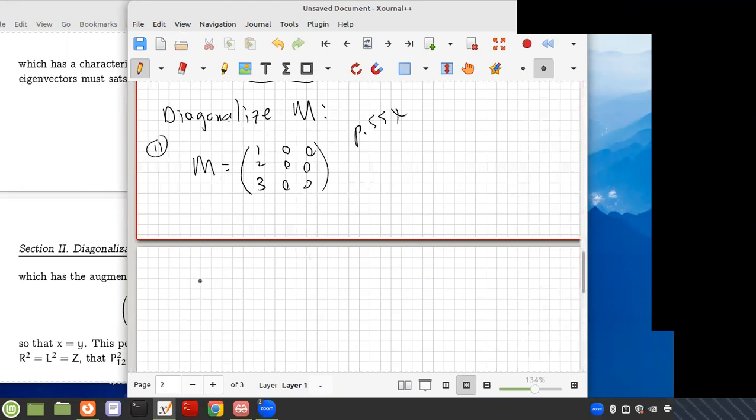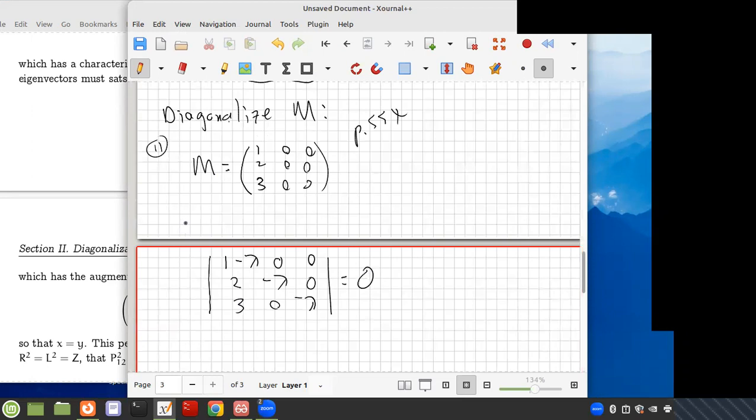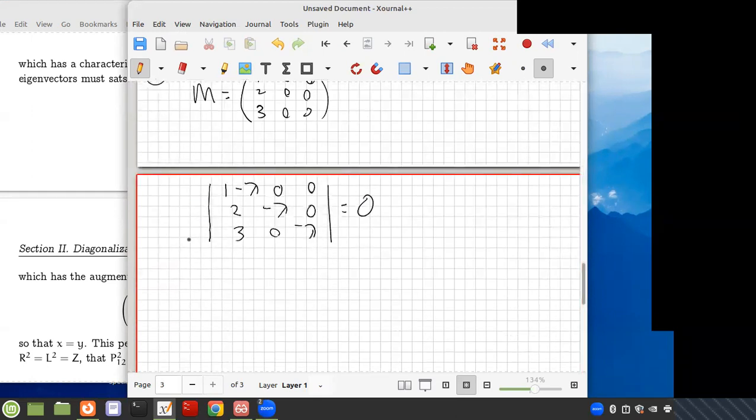So what we do is we have to form the characteristic polynomial. That is, we take the determinant of 1 minus lambda, 0, 0, 2 minus lambda, 0, 3, 0 minus lambda, equals 0.